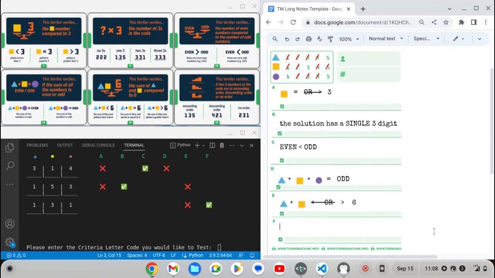So let's go ahead and type up that in section F, that the solution has no order. Okay, and so yeah, that would mean that circle can't be 1. So that means that the solution seems to be 5, 3, 5.